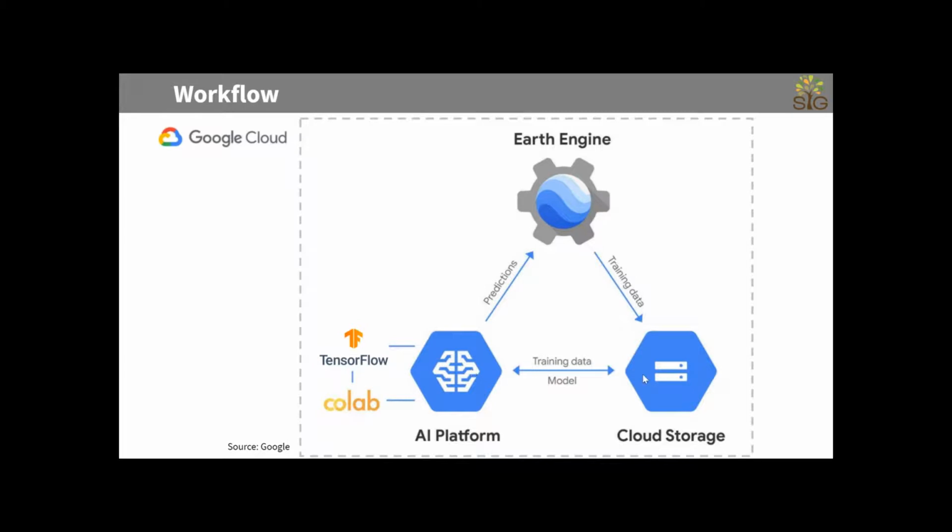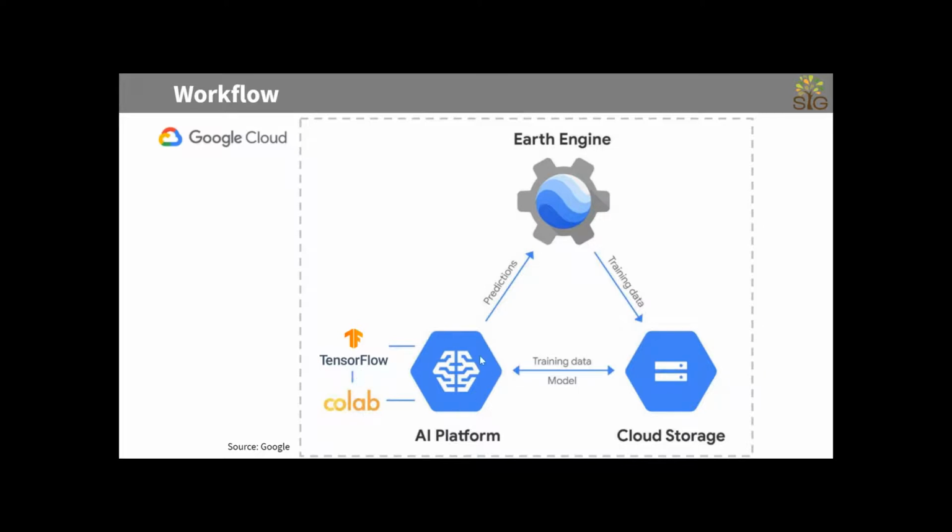Then for the model, we need to use TensorFlow and Colab together so we can train our neural networks, our model. This cannot be done in Google Earth Engine, and that's why we need to export this training data to a cloud storage and then build the model in this other environment, the TensorFlow and Colab. Again, we're going to talk about this.